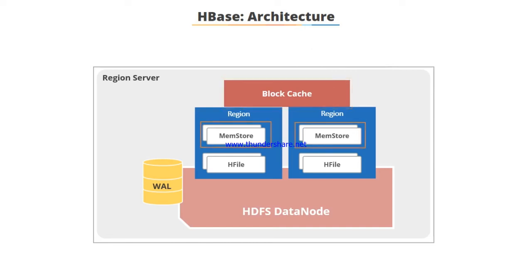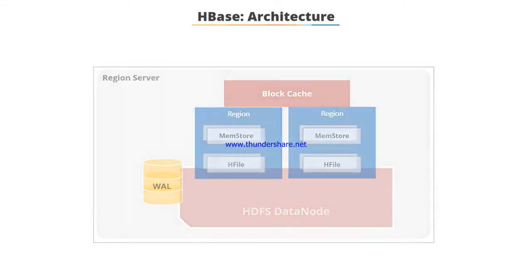Memstore. This component acts as the cache for write actions. It sorts the data before committing it to the disk. Each column family in each region has one memstore. H-files. This component stores the rows as sorted key values on disk.